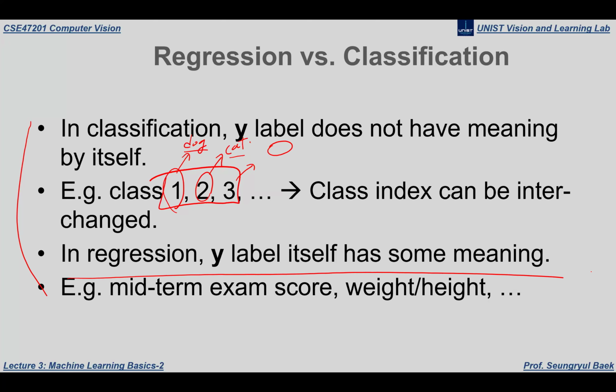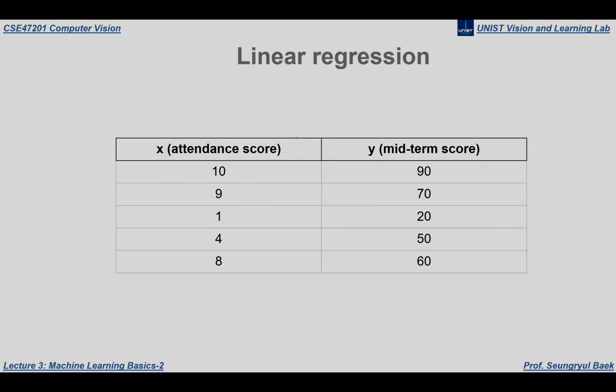For example, if X is the attendance score and Y is the student's midterm score, I think there is a strong correlation between the midterm score and the attendance score.